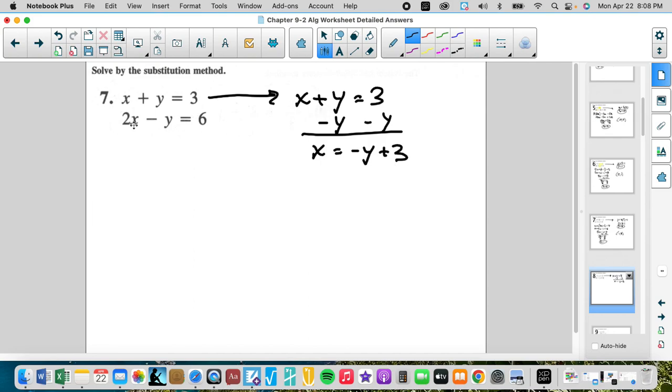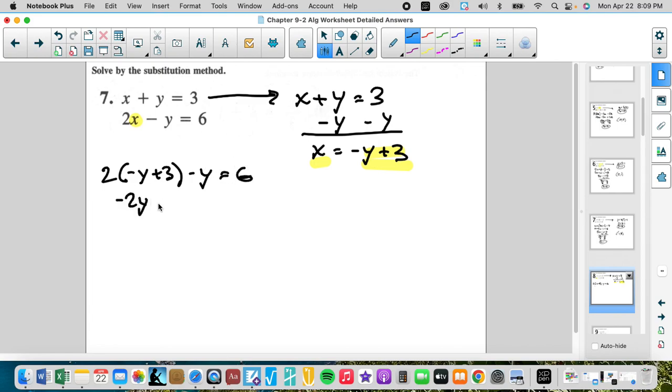And then in this equation, where I see x, I'm going to substitute this value because x equals that in terms of y. So 2 times, instead of writing x, I'm going to write negative y plus 3 minus y equals 6.